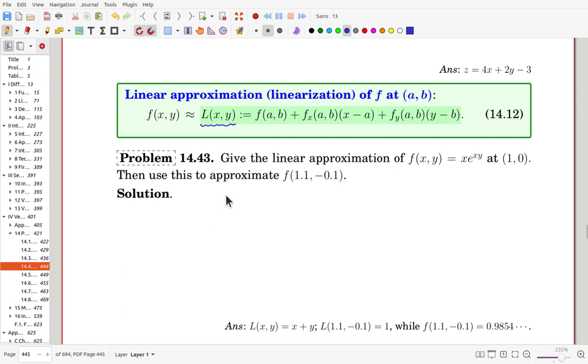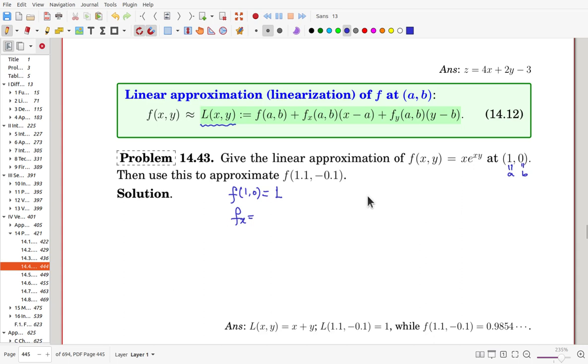Now here, first of all, we have to find f at (a, b). (a, b) is given as (1, 0), so we evaluate f at (1, 0). x is 1, y equals 0, so that must be 1. That is a, and that is b, right? Now f sub x: the x is here, and x is here.